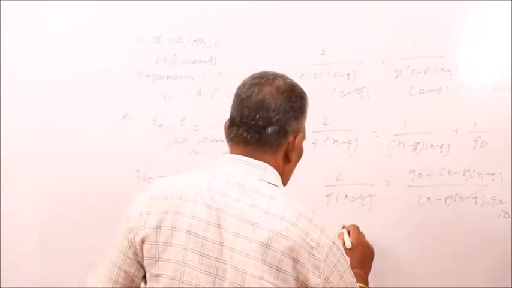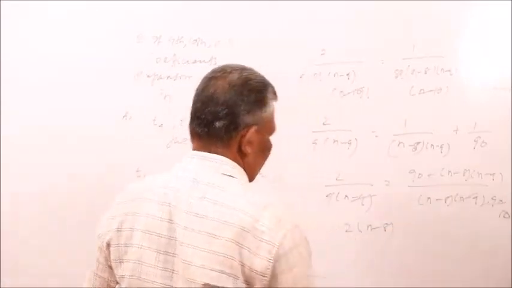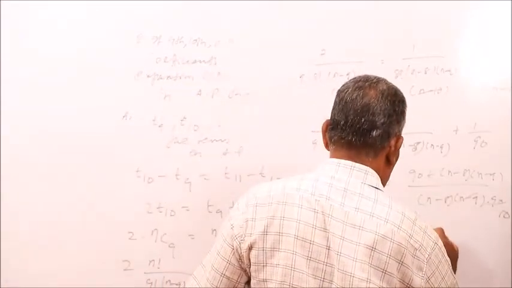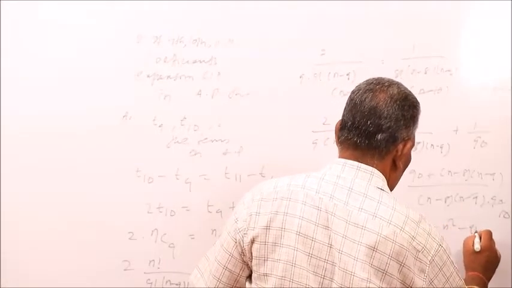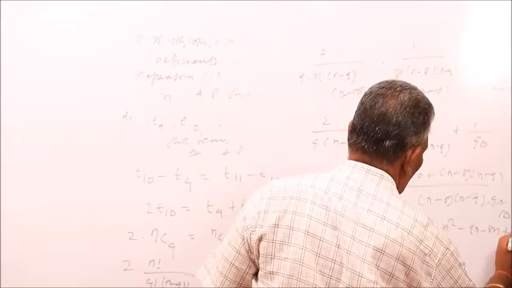So we have 2 times n minus 8 equals to 90 plus n square minus 9n minus 8n plus 72.